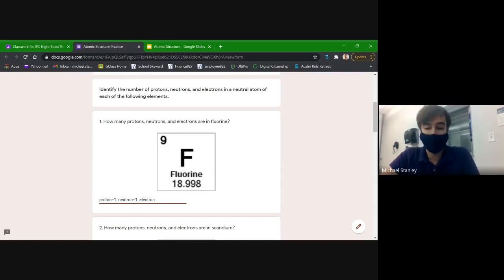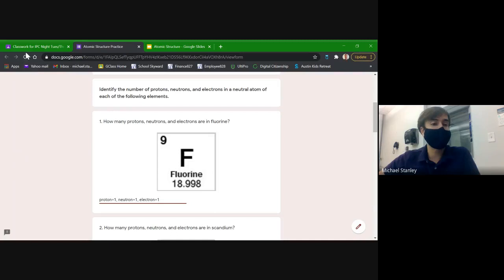Obviously, these are not the correct answer. For each atom, write out how many protons, neutrons, and electrons are in that atom.